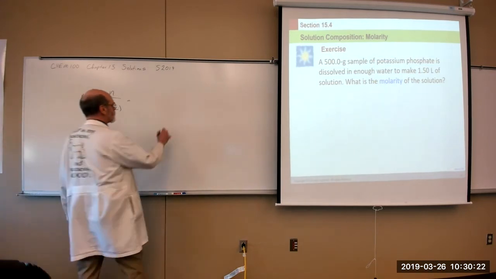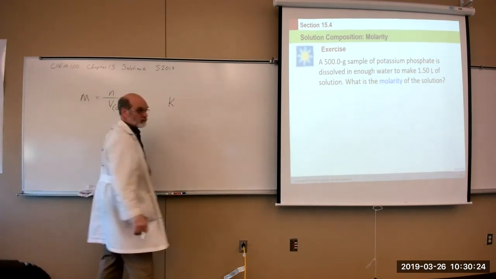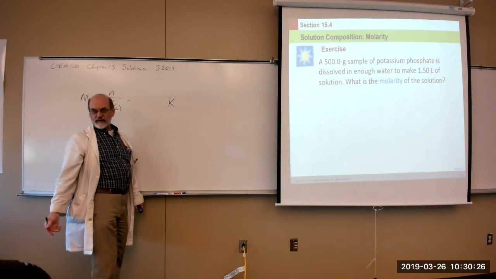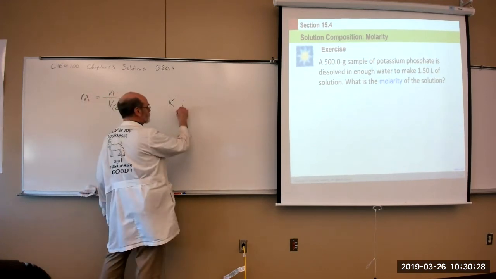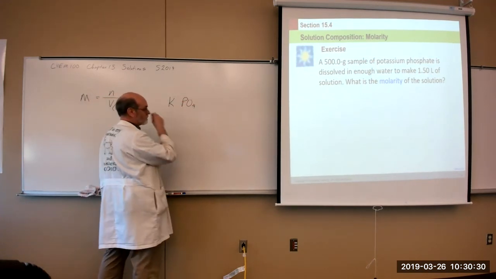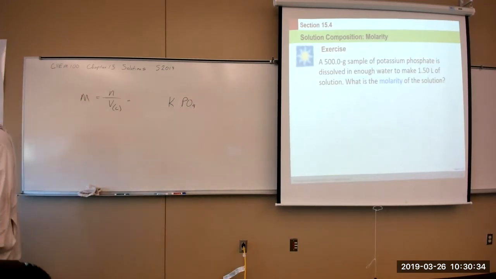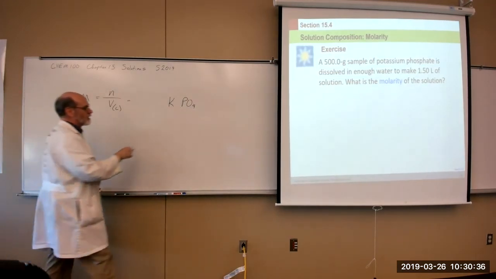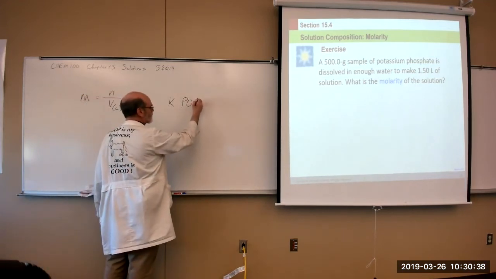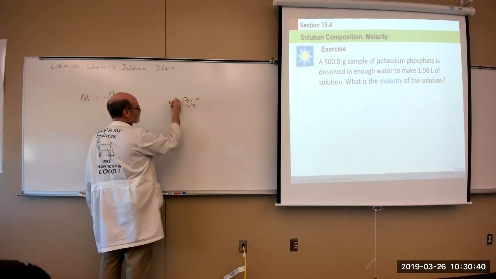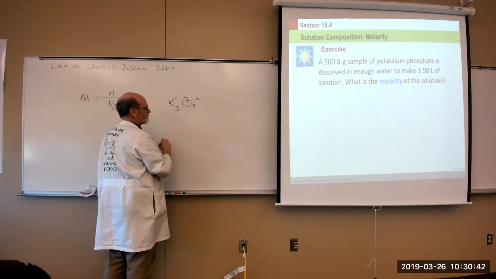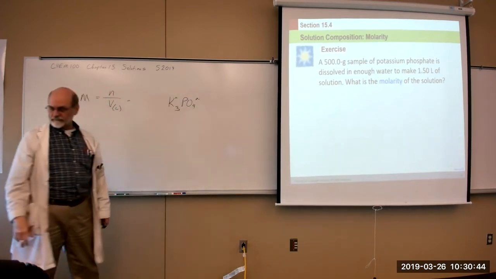So potassium phosphate, we know it's got potassium. Phosphate is a polyatomic ion, which is PO4. Potassium is from the first group, which means it's a +1 charge. Phosphate is polyatomic with 3 minus. So +1, 3 minus, that means we need 3 of these, and that's your formula.